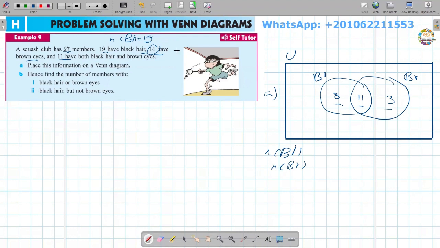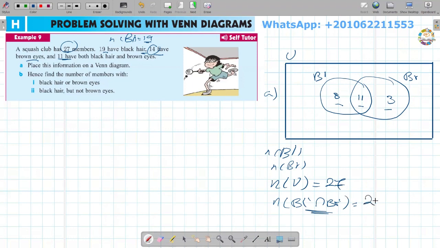What about the rest? Because in all, we have 27, the number of the universal set equals 27. What about the region of black complement intersect with brown complement? In this scenario, we need to find the rest.